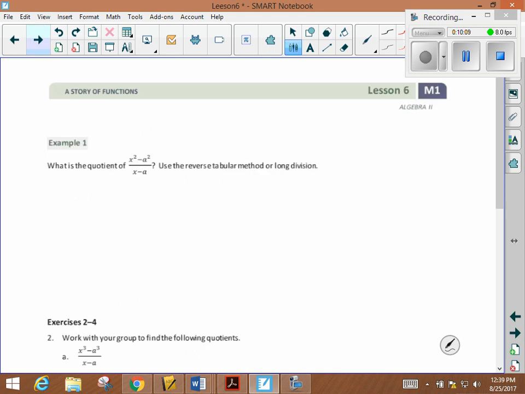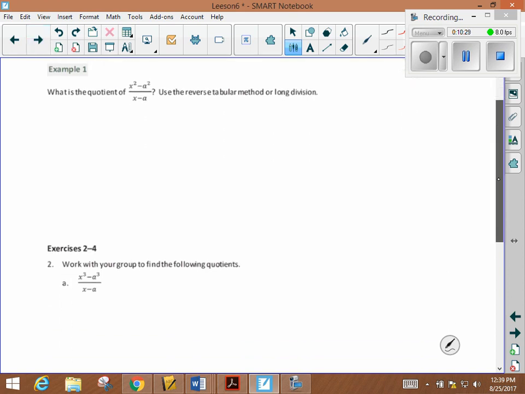All right, moving right along. Ooh. What's the quotient of this thing? Let's go ahead and use, I feel like long division.